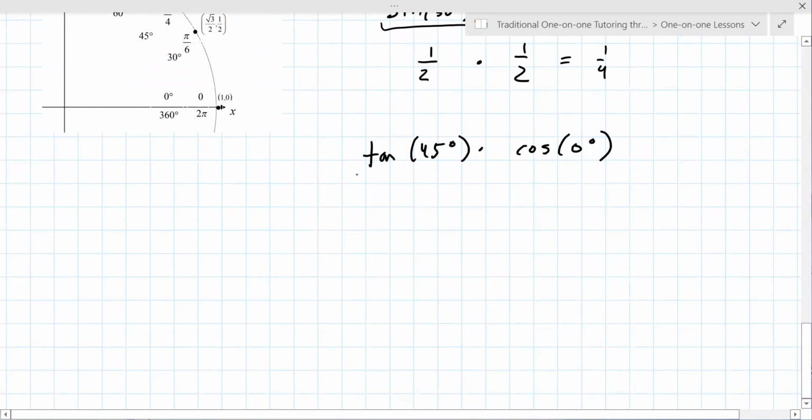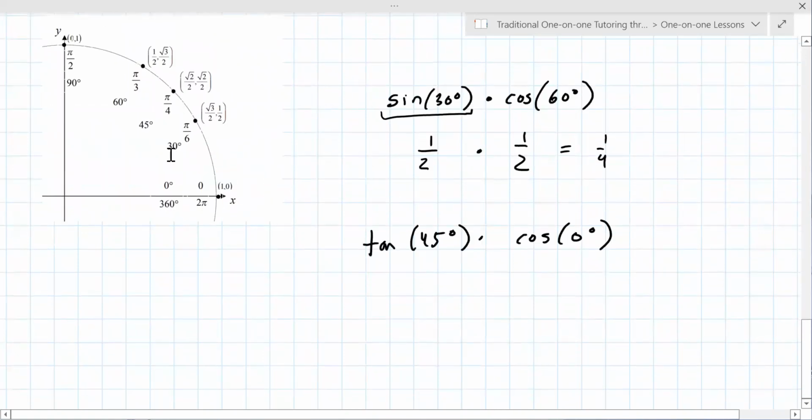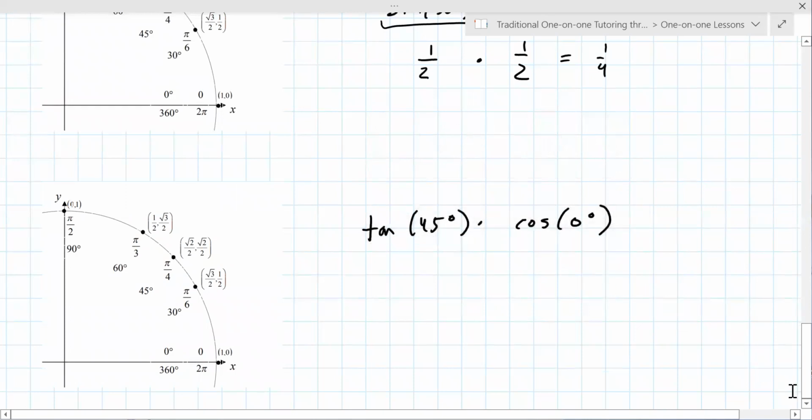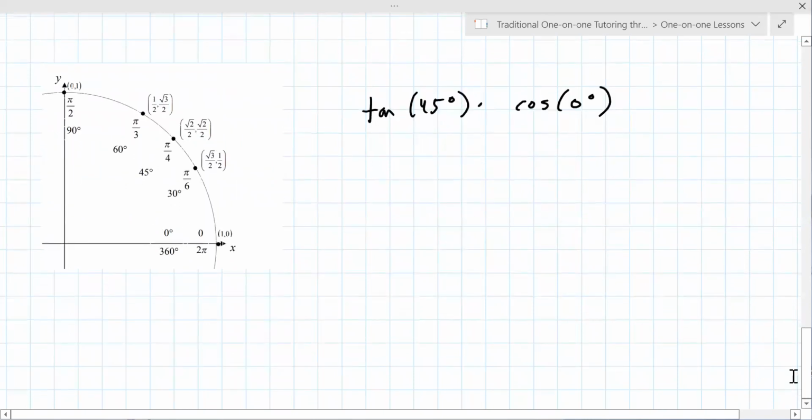So when we look at this problem here, actually let me copy this down. So we're just looking at a fresh thing here. When we're looking at this problem, what I would do is I would say, okay, well, tangent is really sine of 45 over cosine of 45.